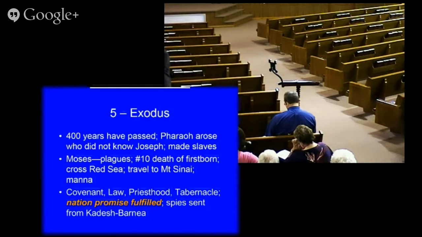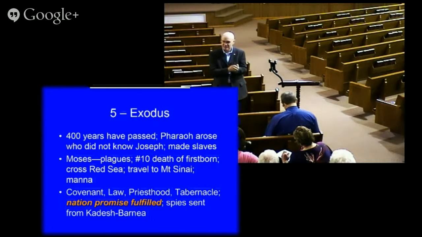And now the first of those 3 promises to Abraham is fulfilled. They are now a nation. In fact, if you look back at one of the verses in Genesis, it actually says they became a nation in the land of Egypt. But now they're organized, they have the law, the covenant, the priesthood, the tabernacle. So the first of those promises, of your descendants, I'll make a great nation, has now happened.